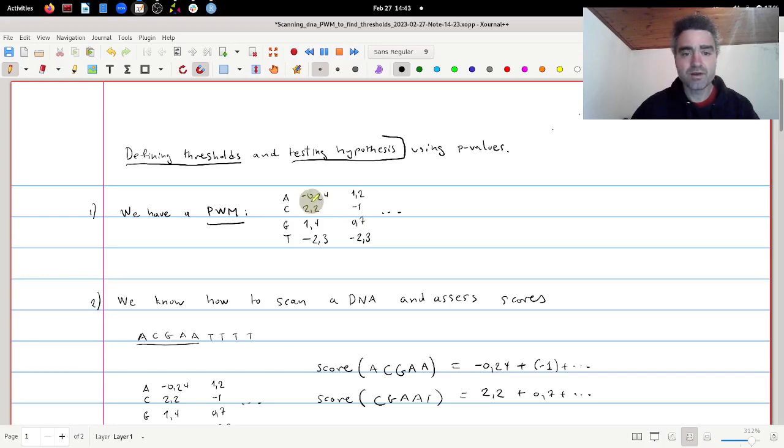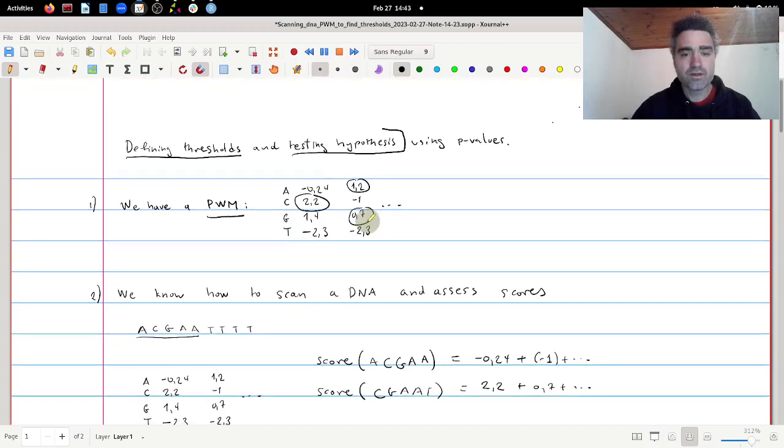So for example, in the first position of the motif, we have a preference for C and slight preference for G, while we don't really have a preference for T. And in the second position of the motif, we have a preference for A and slightly for G, but not so much preference for T or C, and so on. So this is a position weight matrix.